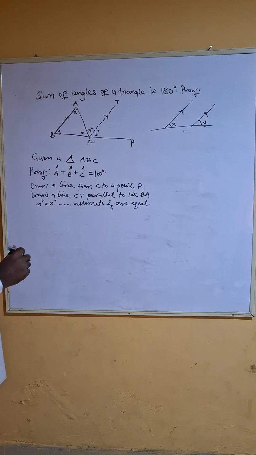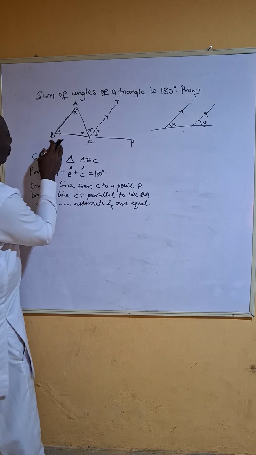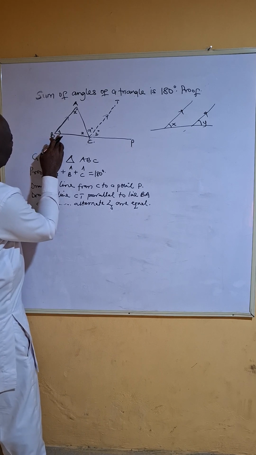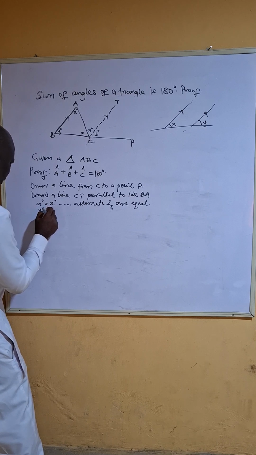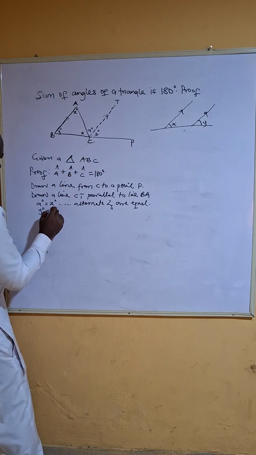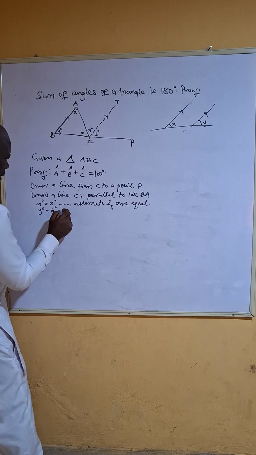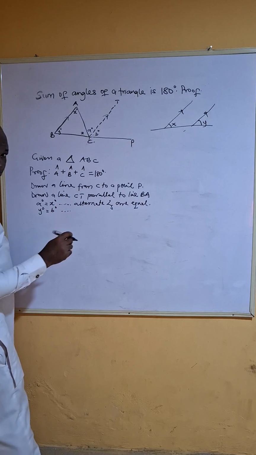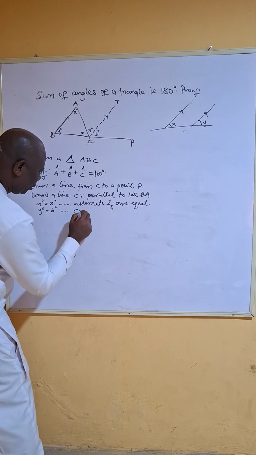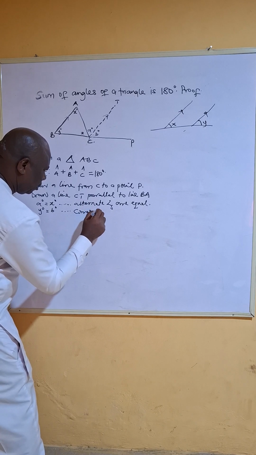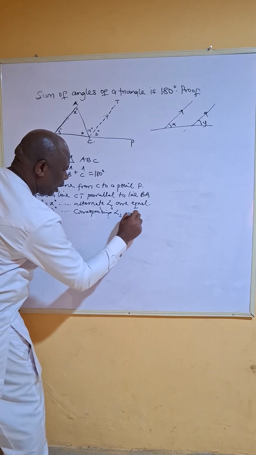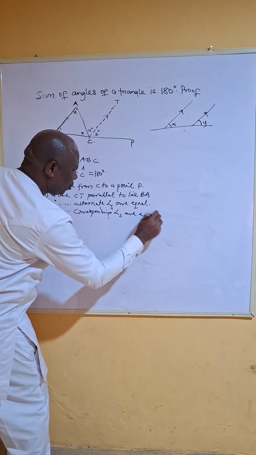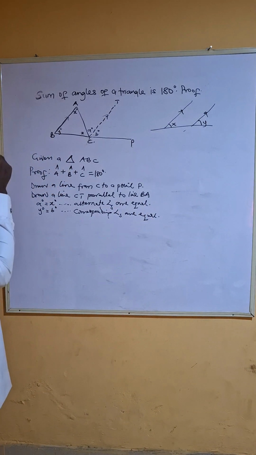Don't forget. So here, y degrees is equal to b degrees. What is the reason? You have to state it. Corresponding angles are equal.